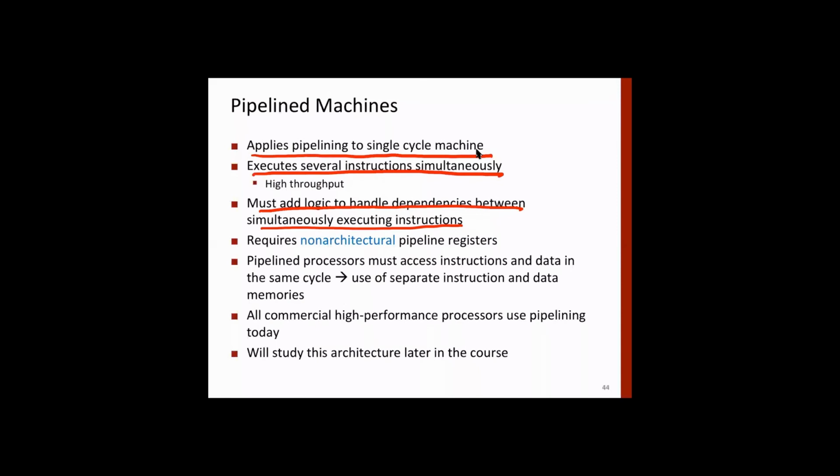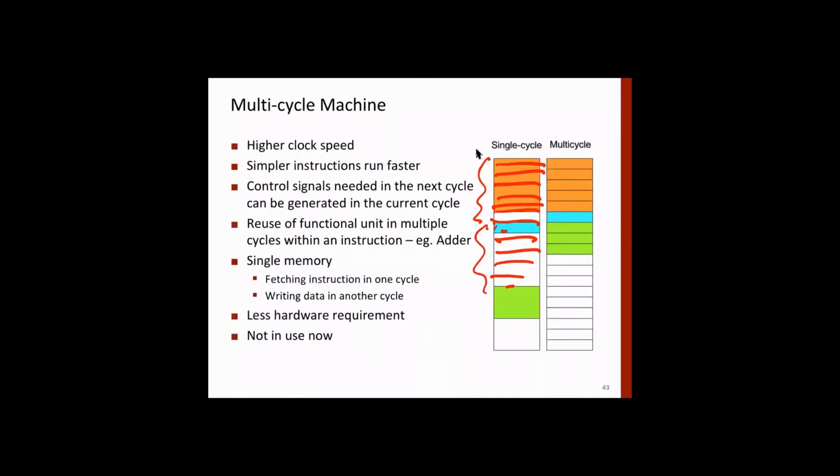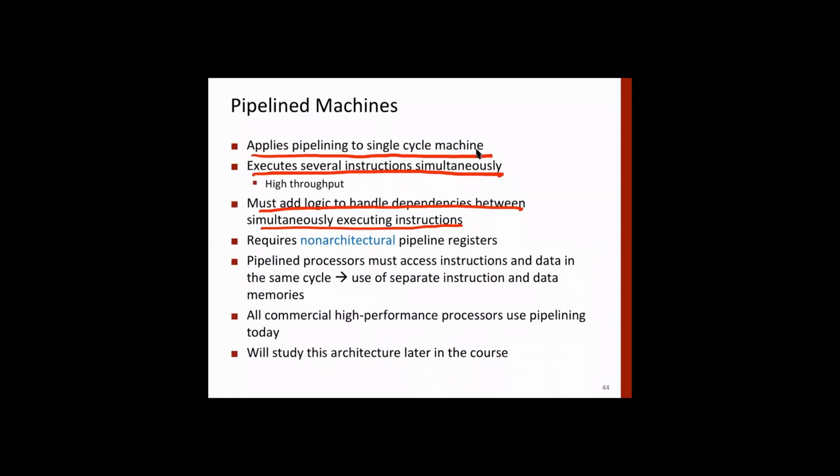So instead of having this kind of combinational logic which takes a long delay, we are splitting this into this kind of design that we have seen earlier. These are the registers now. This requires non-architectural pipeline registers. Note that word non-architectural.